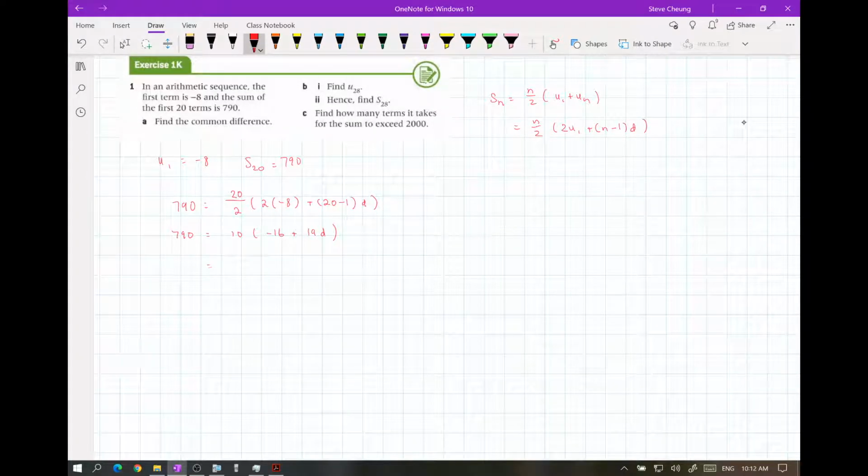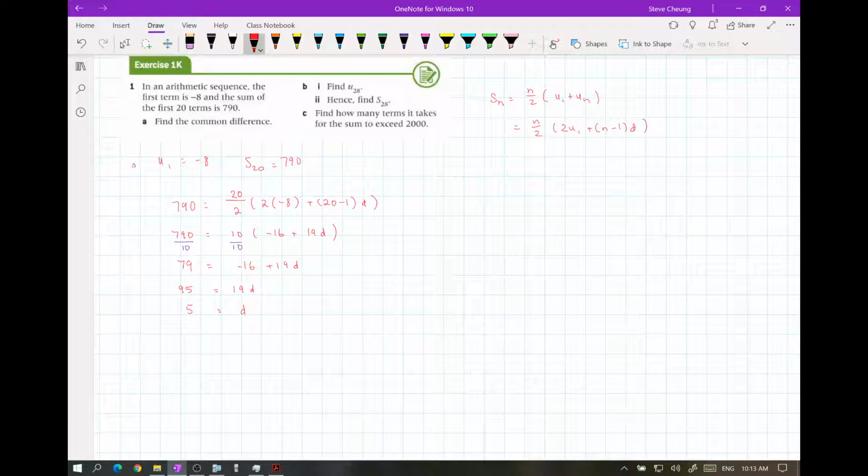I'm going to divide both sides by 10. You could also expand out the 10 on the right hand side, but you just carry bigger numbers with you. So go ahead and move -16 to the left and divide by 19. So that's our common difference.